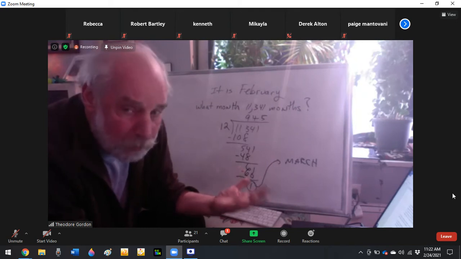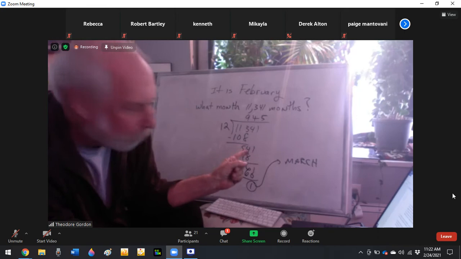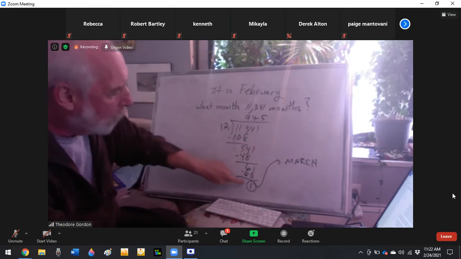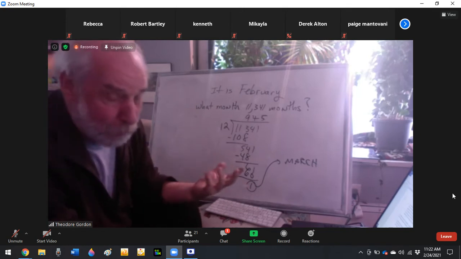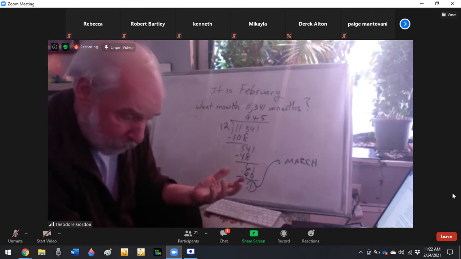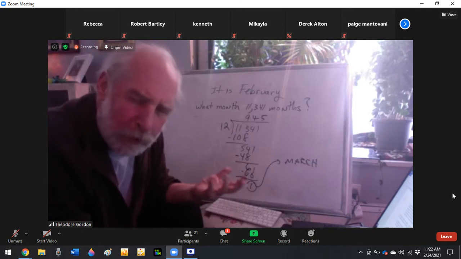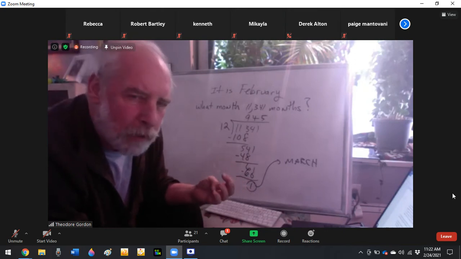The encryption scheme that keeps that safe is all based on what we just did right here. This simple idea of dividing by a number and using that remainder to find out where you are is what keeps all of that stuff safe. Now, some of you who are in computer science, so we're talking about encryption and cryptography here, may have heard of things like RSA codes or public key encryption.